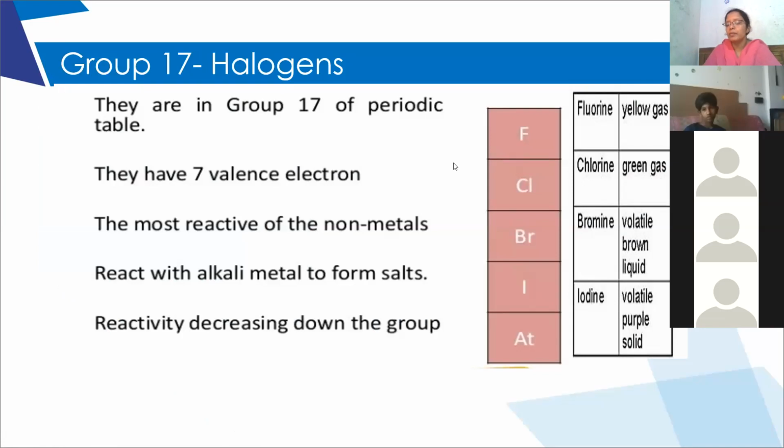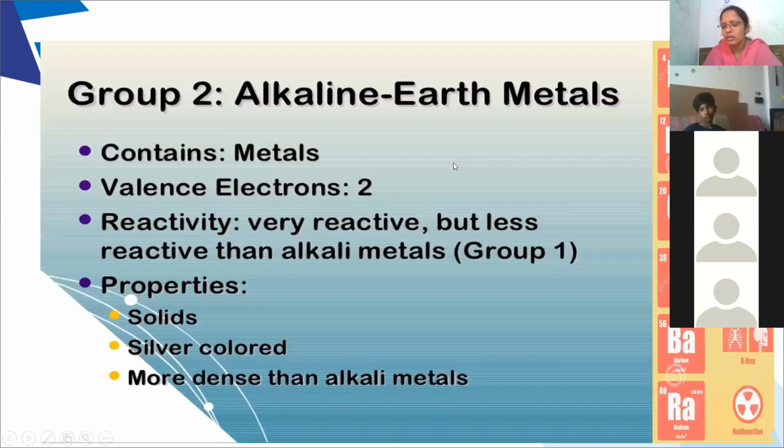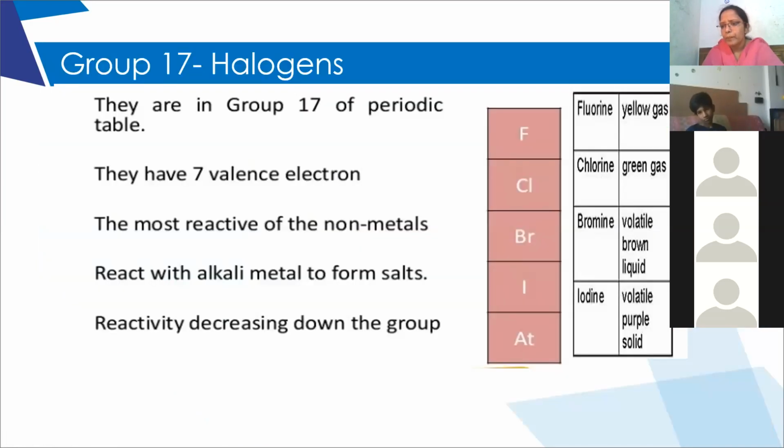Reactivity, chemical reactivity decreases. Next, coming to the 17th group elements, they are called halogens. Why are they called halogens?